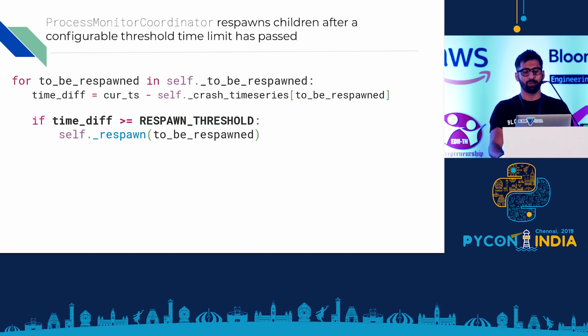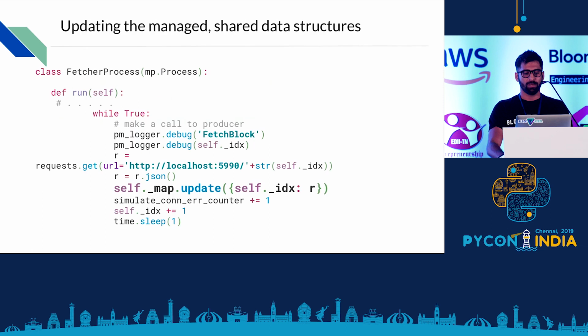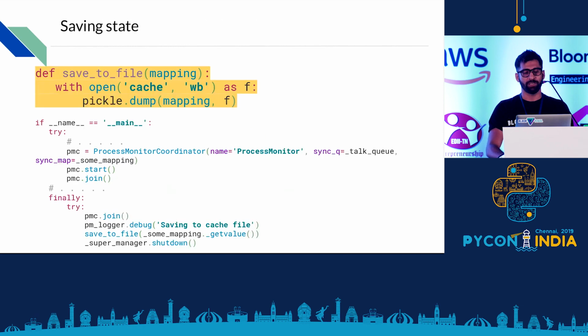Once the respawn threshold has passed, I call the respawn method. And this is how the child processes also update a shared mapping like this. I've given a demo of the shared mapping getting updated from a fetcher as if it's actually fetching blocks of data.